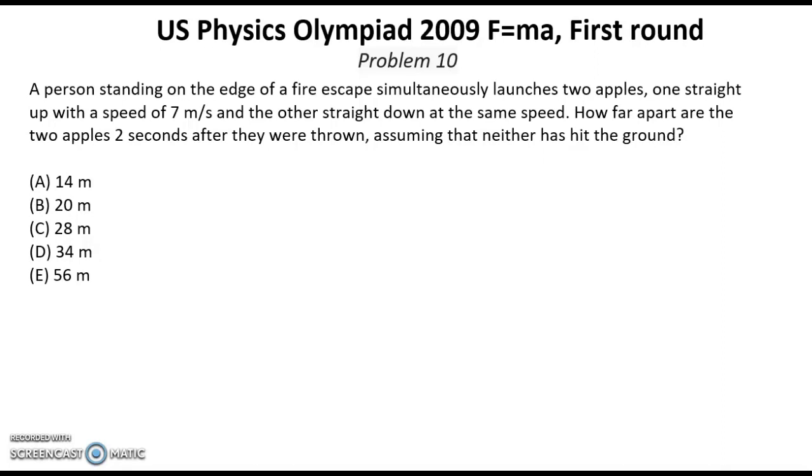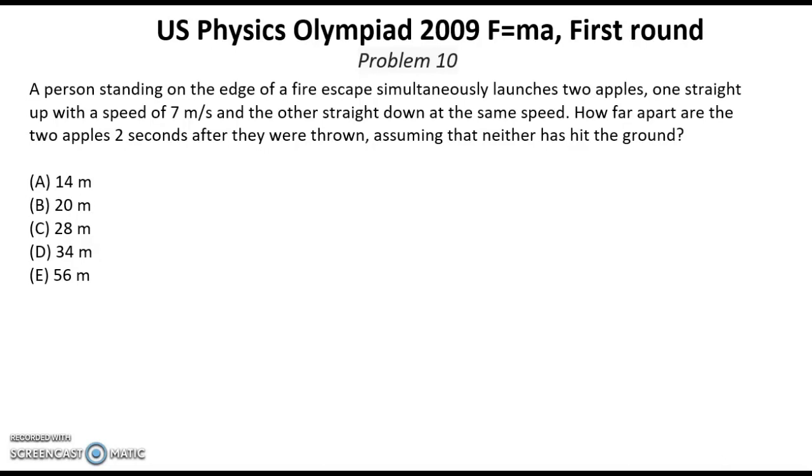Solution. In this kind of problem, the best way is to choose a proper frame of reference. In this case, we can choose a frame of reference which starts to move down with the acceleration g. In that case, in this frame of reference, our apples will move with constant velocities.